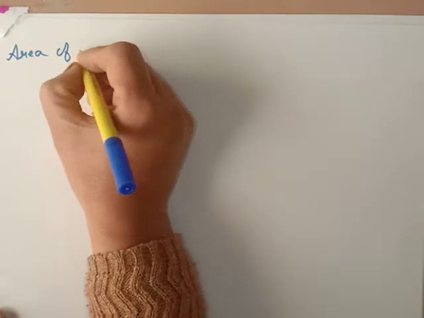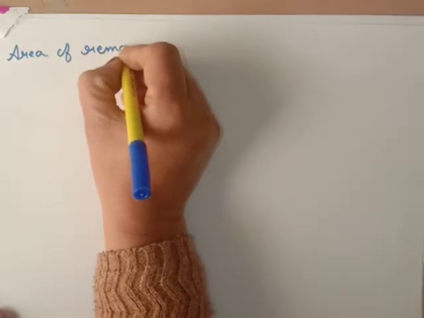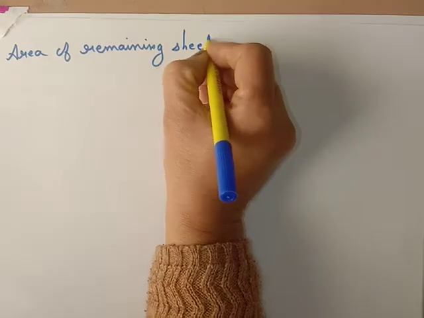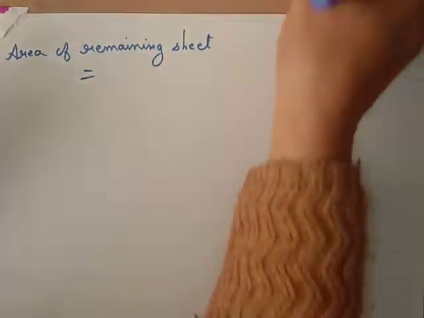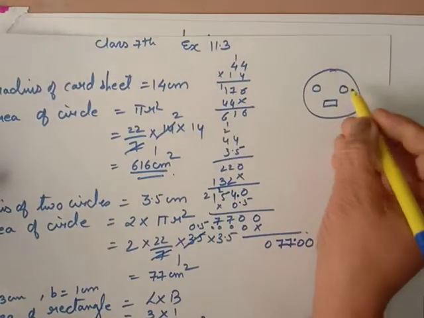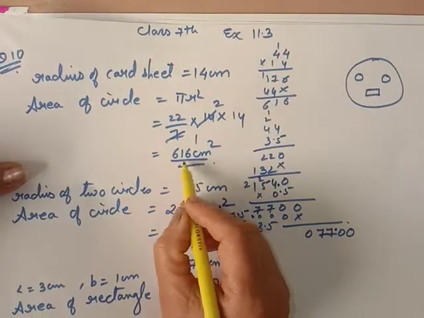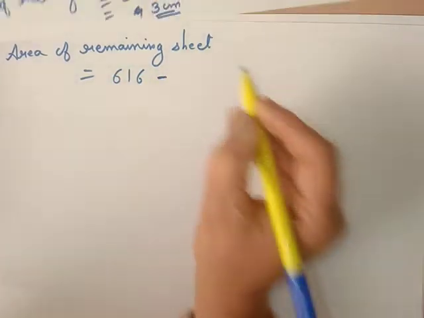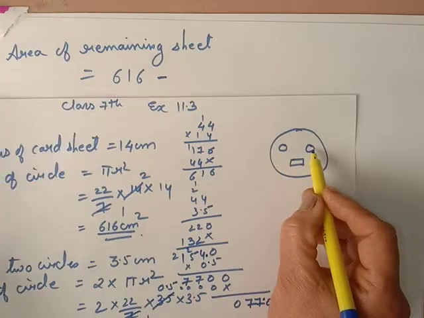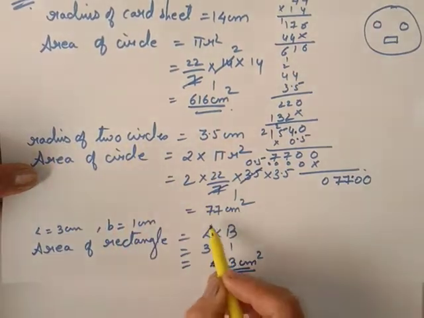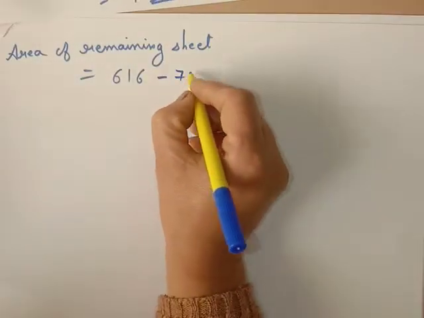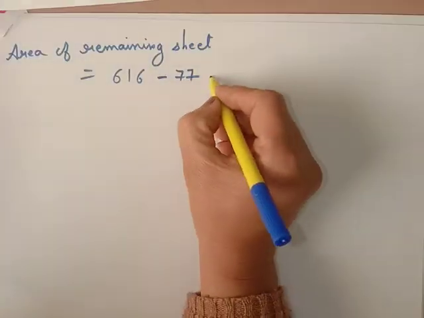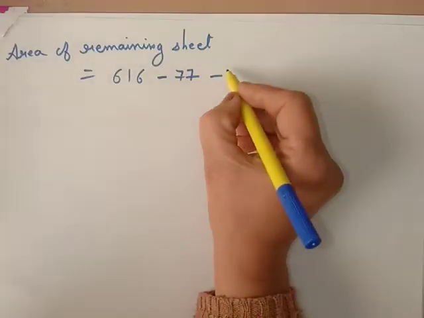Area of the remaining sheet. So how will you get the area? First we take the area of the circle. What is the area of the circle? 616. Then we minus the area of these 2 circles. The area of these 2 circles is 77. And then we minus the area of the rectangle, that is 3 centimeter square.